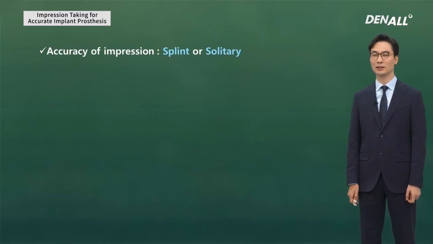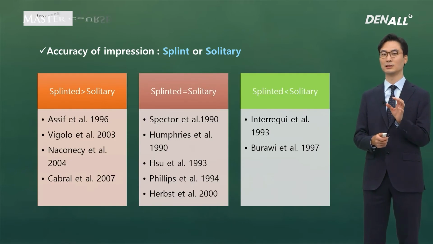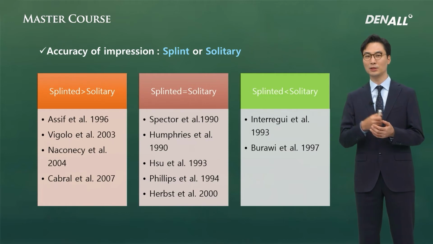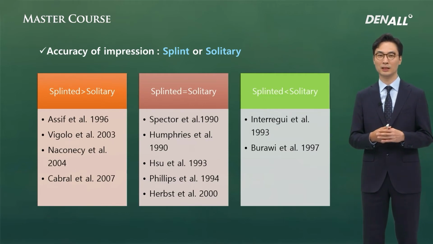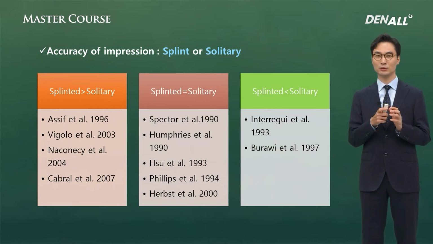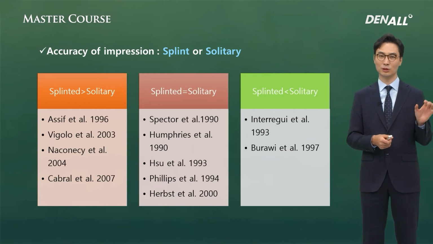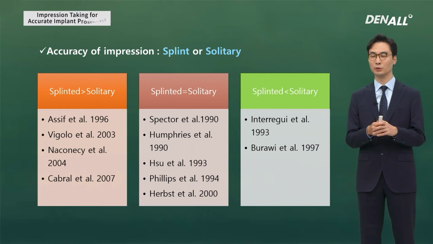The accuracy of impression: there's controversy over which is more accurate, splinted or solitary. You may think that doing splinting would be more accurate. Some say the difference is not statistically meaningful.